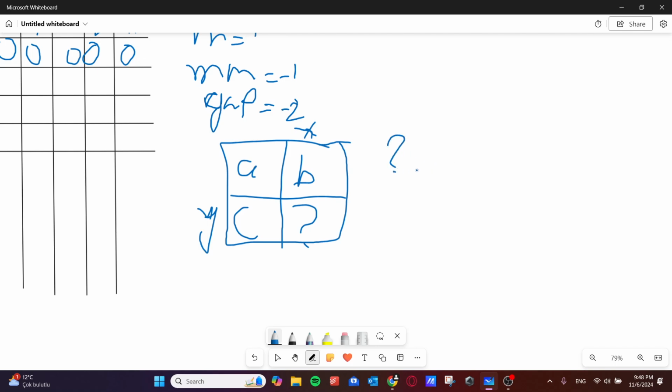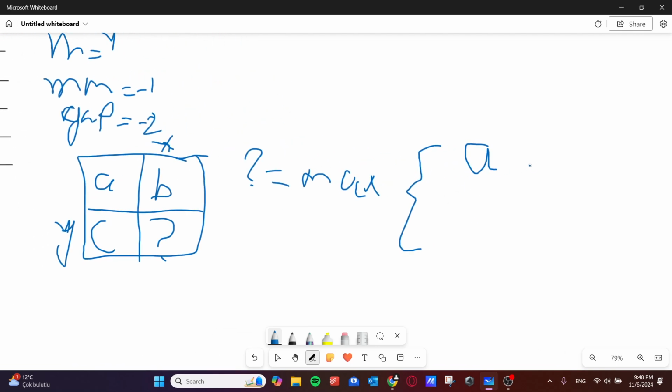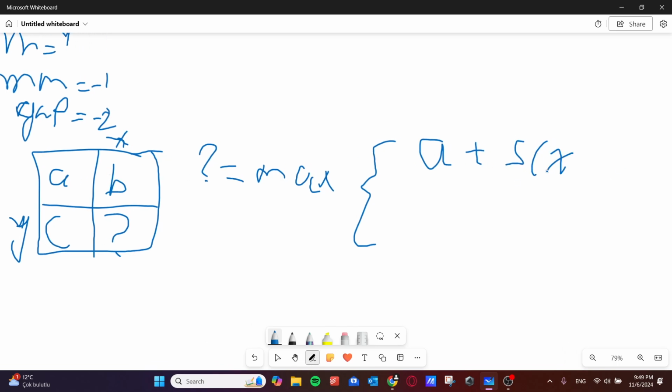So the question mark is equal to the max between a plus the alignment of x and y, or b plus the gap score, or c plus the gap score.